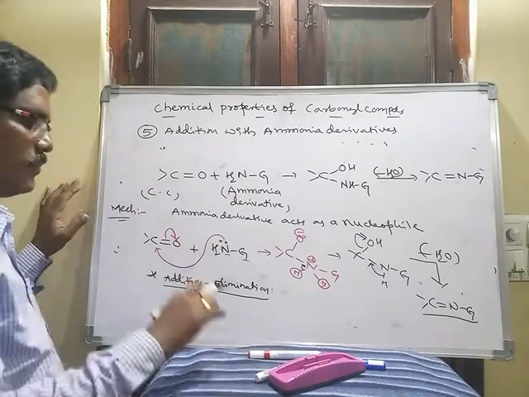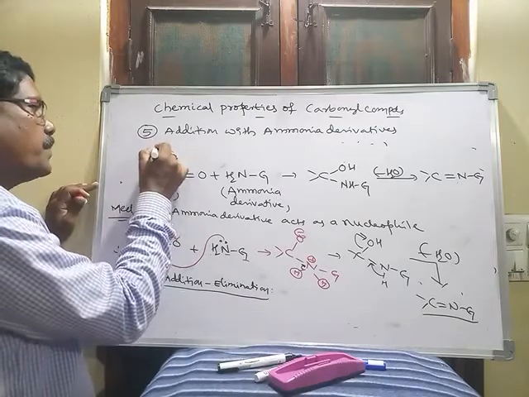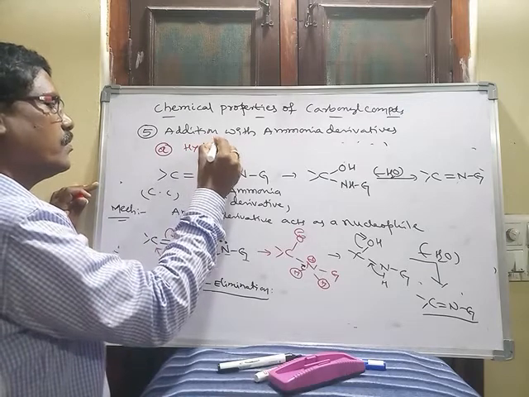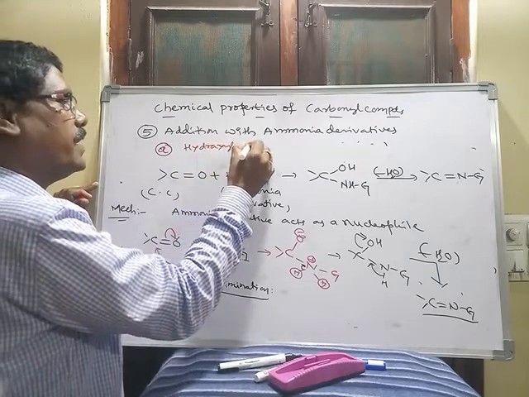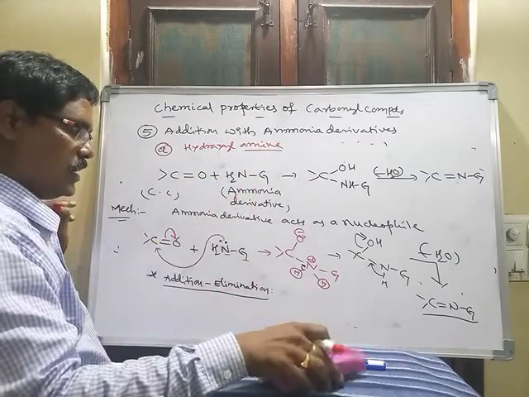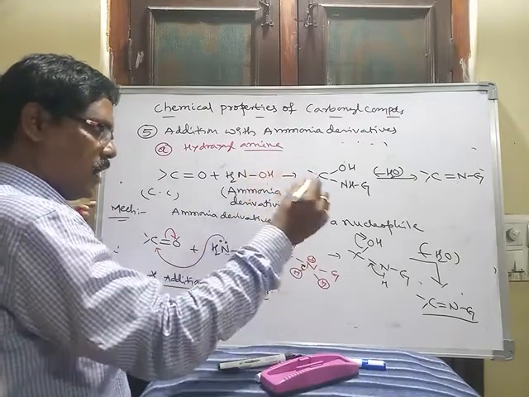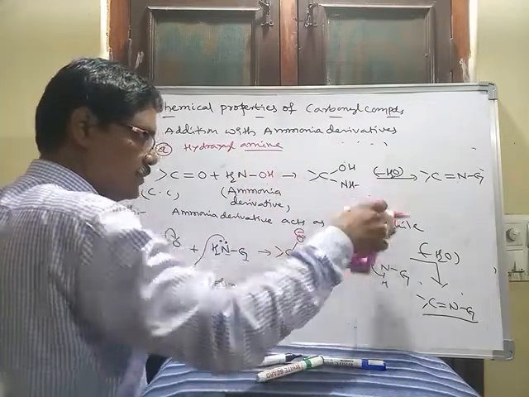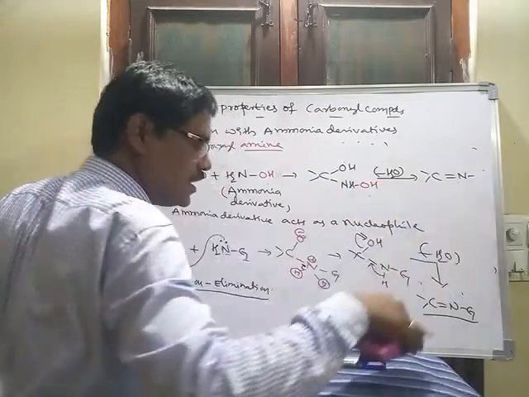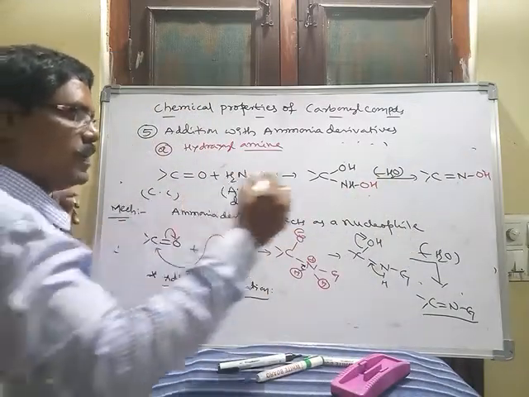Carbonyl compound reacts with different ammonia derivatives. First, A: the ammonia derivative is hydroxylamine, whose formula is NH2OH. Here G is OH, and we finally obtain the product with OH at the G position. This is called an oxime.